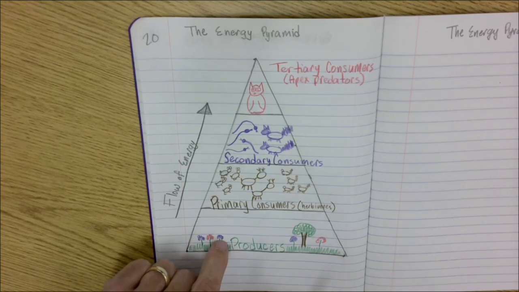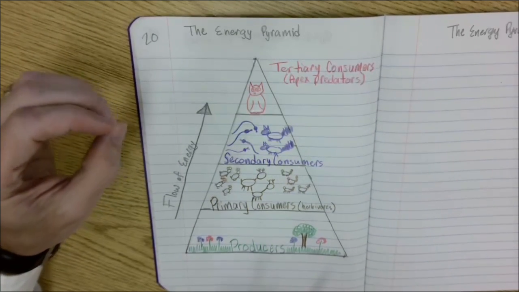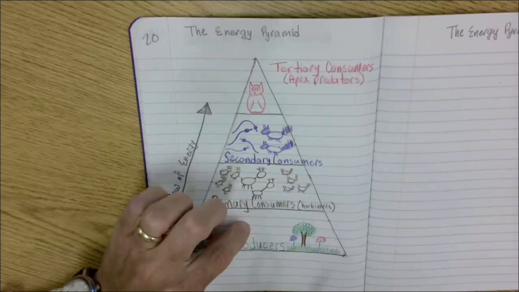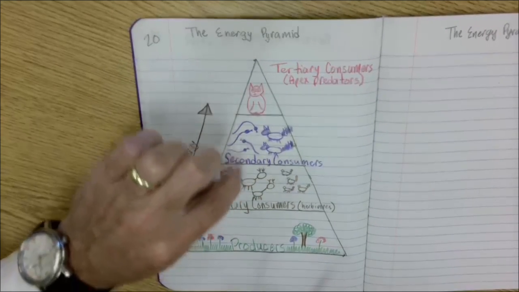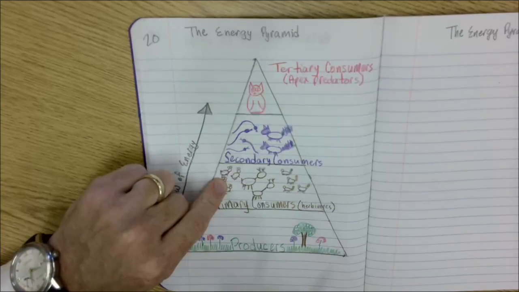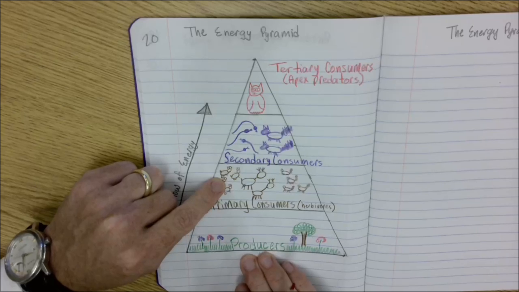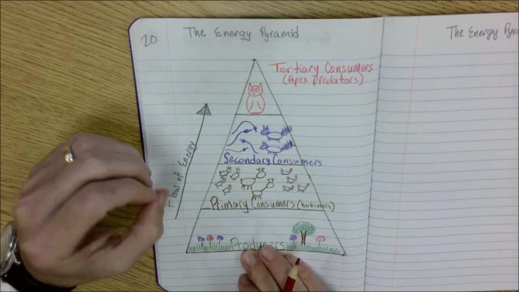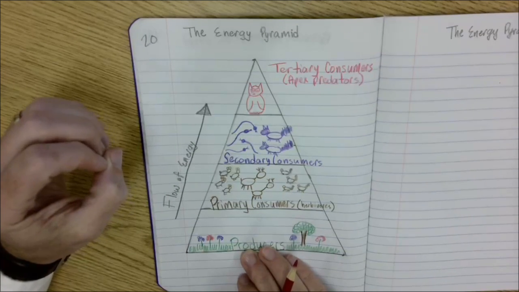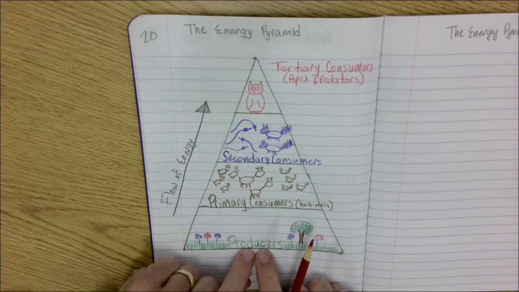Without producers, there is no way for the light energy to be turned into chemical energy. So none of these groups can use light energy to sustain themselves. Producers are the only things in the universe capable of using light energy in a process that allows them to grow and turn it into chemical energy.